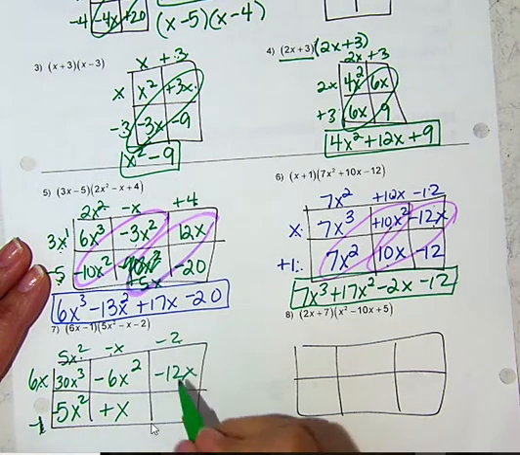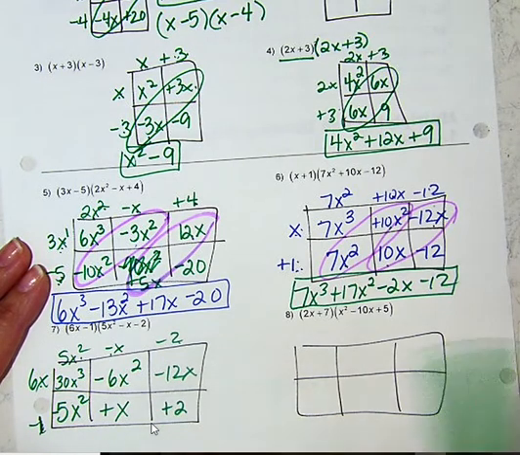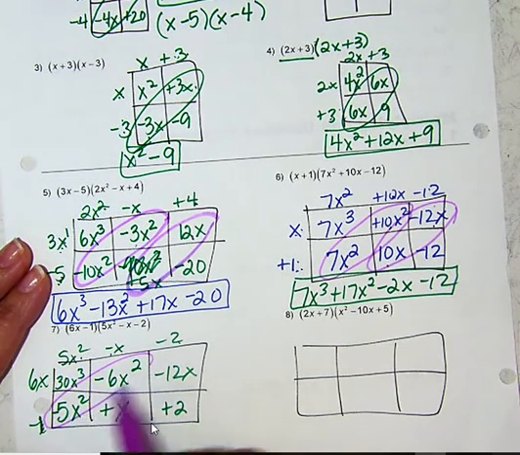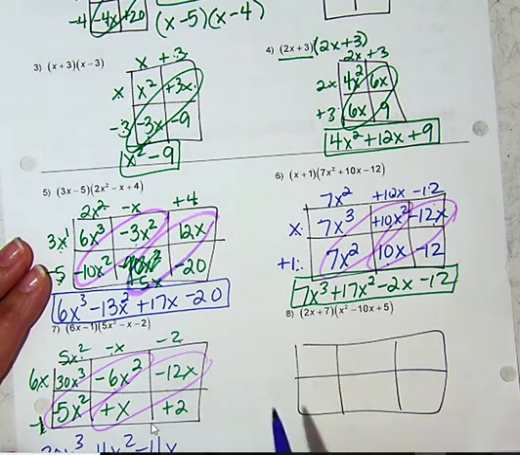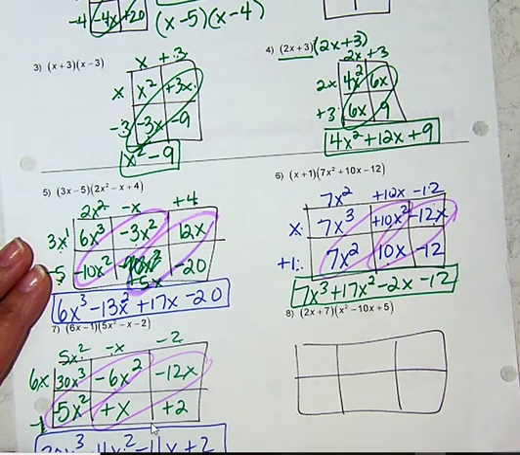Negative times a negative is a positive 2. Then I'm going to circle like terms and like terms. My 30x cubed is by itself. This is negative 11x squared. This is negative 11x squared. This is x, that's plain. And then plus 2. And that is your answer.